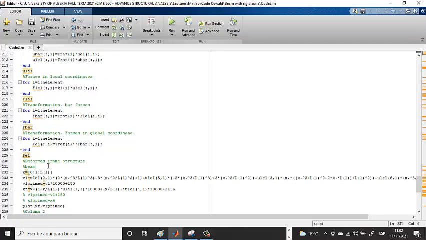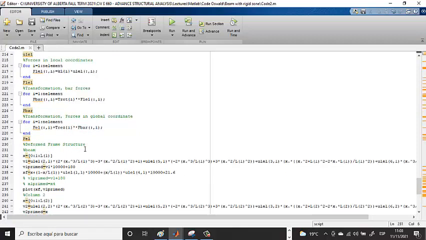So once we determine the end displacements and rotations, we can use the governing equation of a beam to calculate the deformed shape of the structure using, for example, these equations.